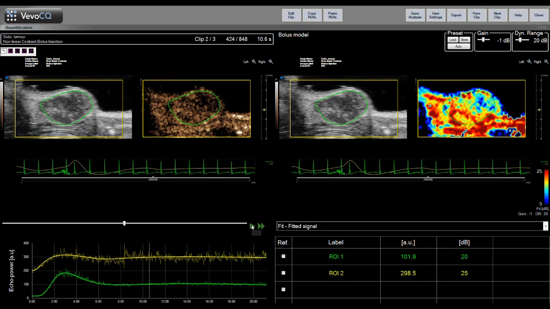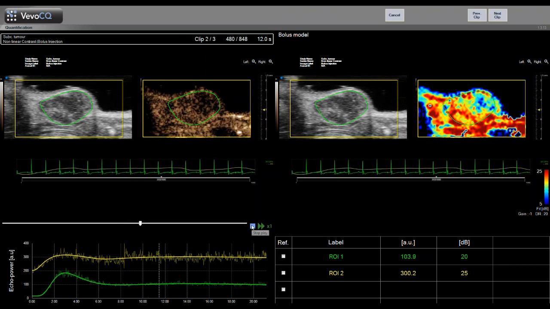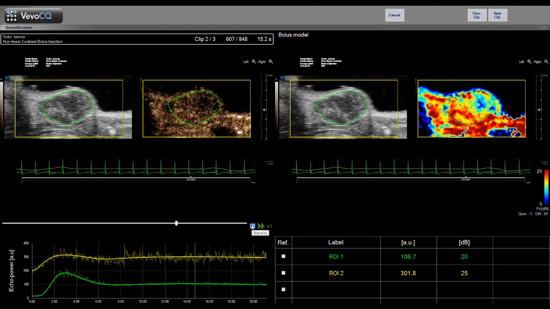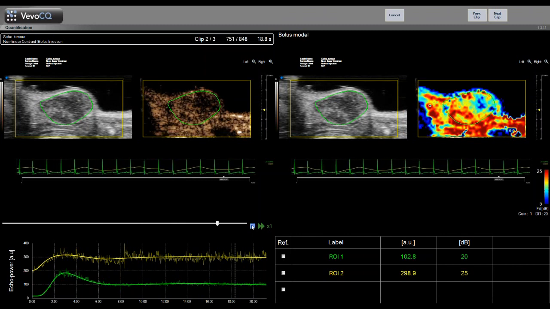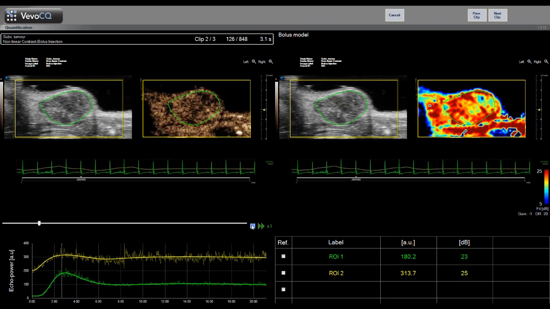And for these two, you also have the option to click play here, and you will get a playback of your bolus perfusion recording with this parametric image on the top right that allows you to nicely see the perfusion here. Let's stop this playback.